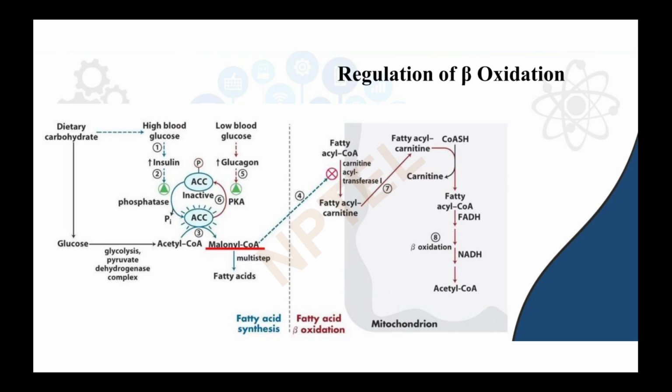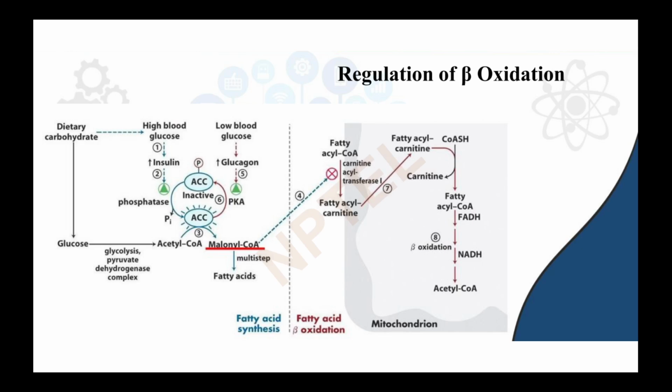Now high glucagon also activates the protein kinase A. If you remember from the previous class, this protein kinase A was phosphorylating many enzymes in the glycogen breakdown metabolism, glycogenolysis, and that phosphorylation was actually activating the glycogenolytic enzymes.